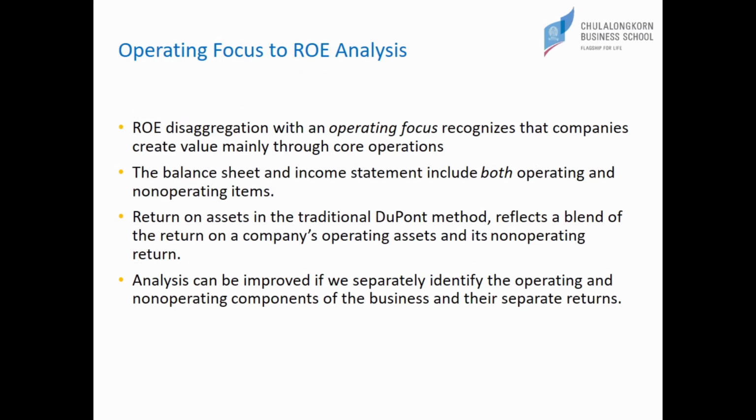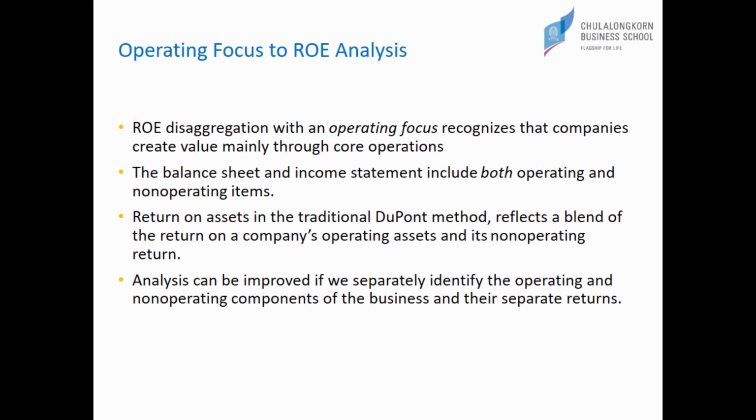So operating and non-operating items show up on both the balance sheet and also the income statement. And this ROA that we saw from the traditional DuPont method in the earlier slide does not distinguish between operating assets and non-operating returns.